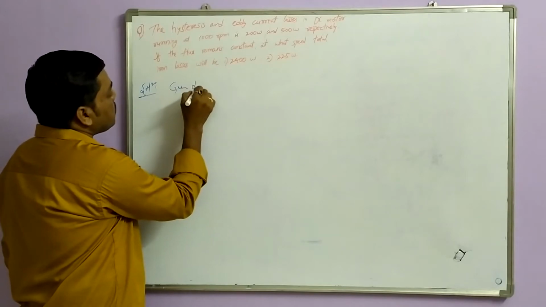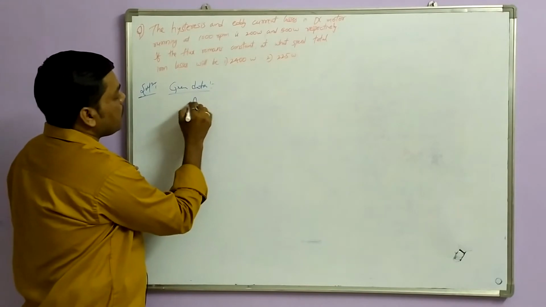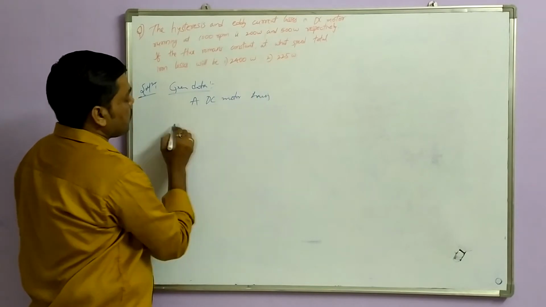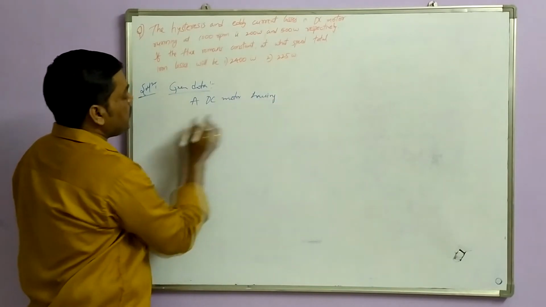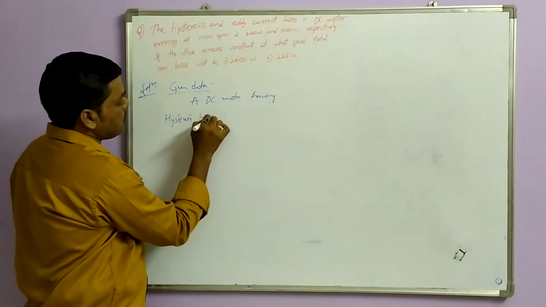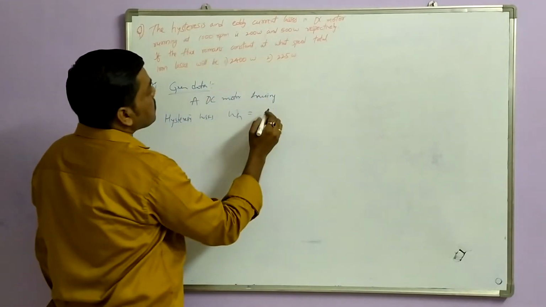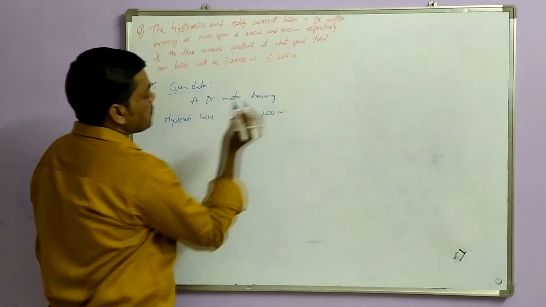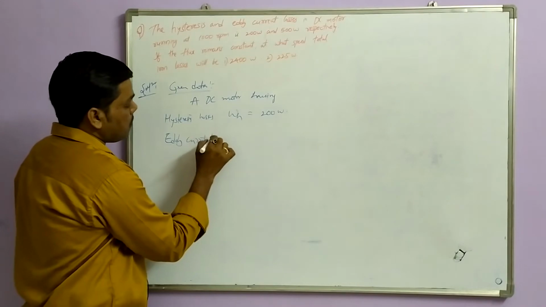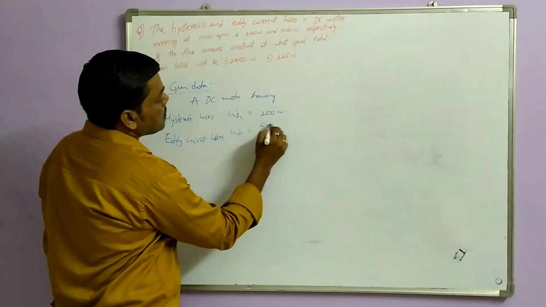So given data: a DC motor having hysteresis losses, I can indicate with WH, 200 watts, and eddy current losses, I can indicate with WE, 500 watts.